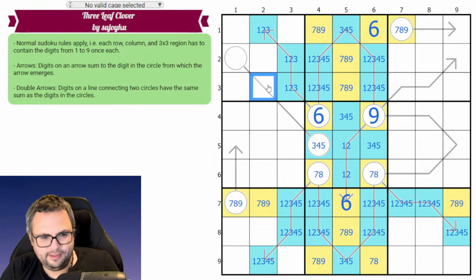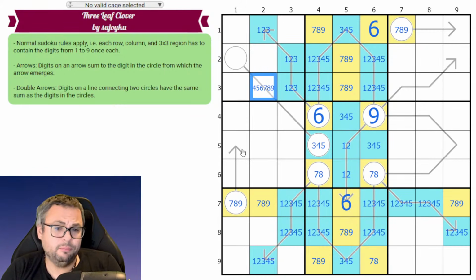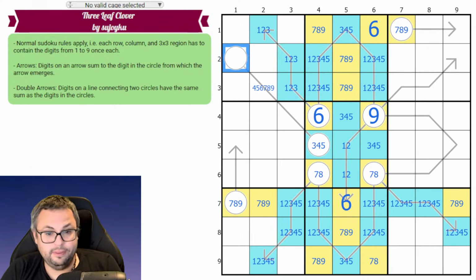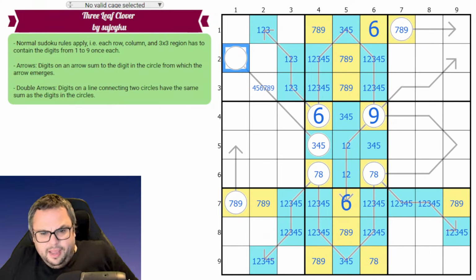Okay, so this is at least a 4. Do I care that this digit is at least a 4? Not really. This is at least a 1, therefore this number is at least a 0. It doesn't sound super useful to me.